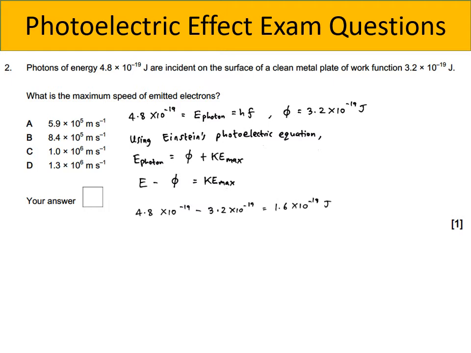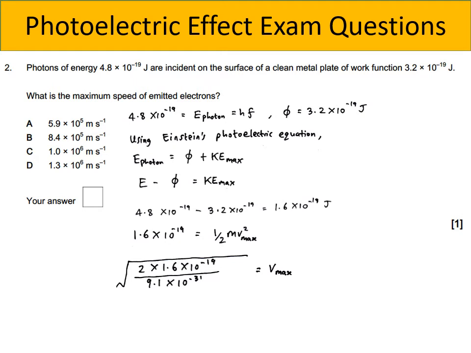That's quite straightforward because the powers are both minus 19. So we just do 4.8 take away 3.2, which gives us 1.6 times 10 to the power minus 19 joules. And then we are going to equate that to half mv squared max.